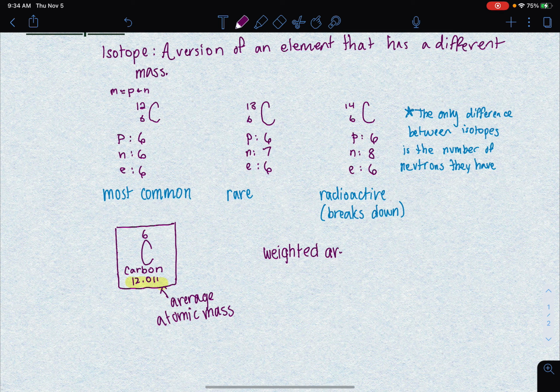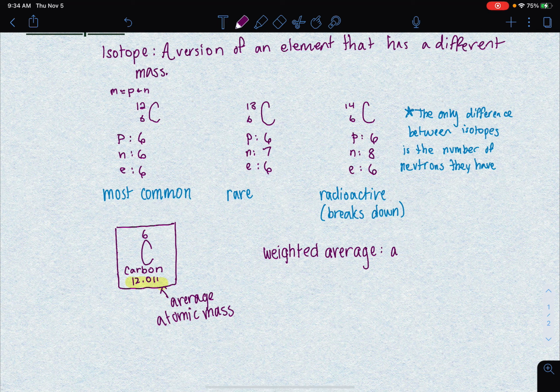And you might already know, but a weighted average is an average that takes the abundance of the different parts into consideration. So if one of the isotopes is much more common, it's going to have a heavier impact on the average.